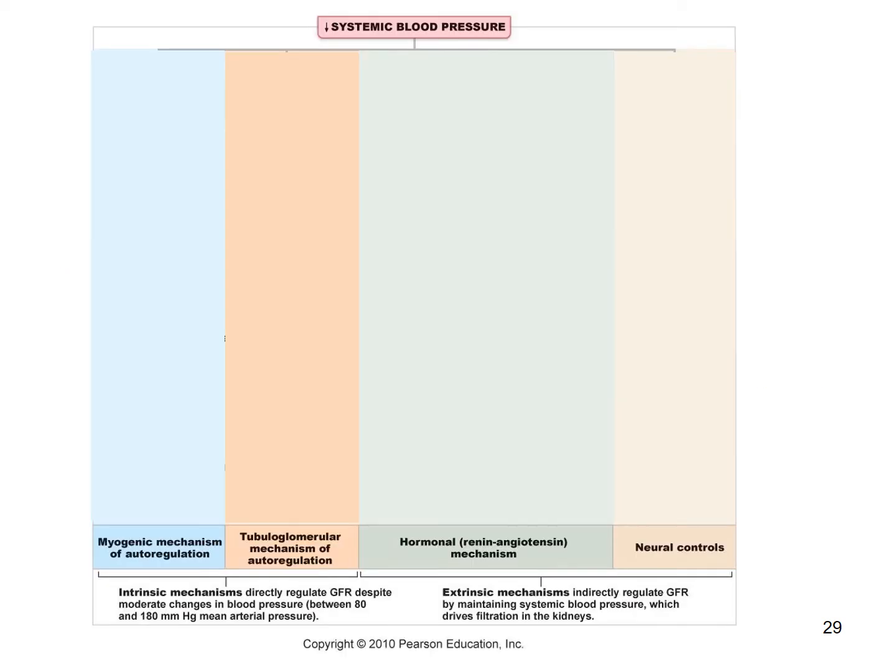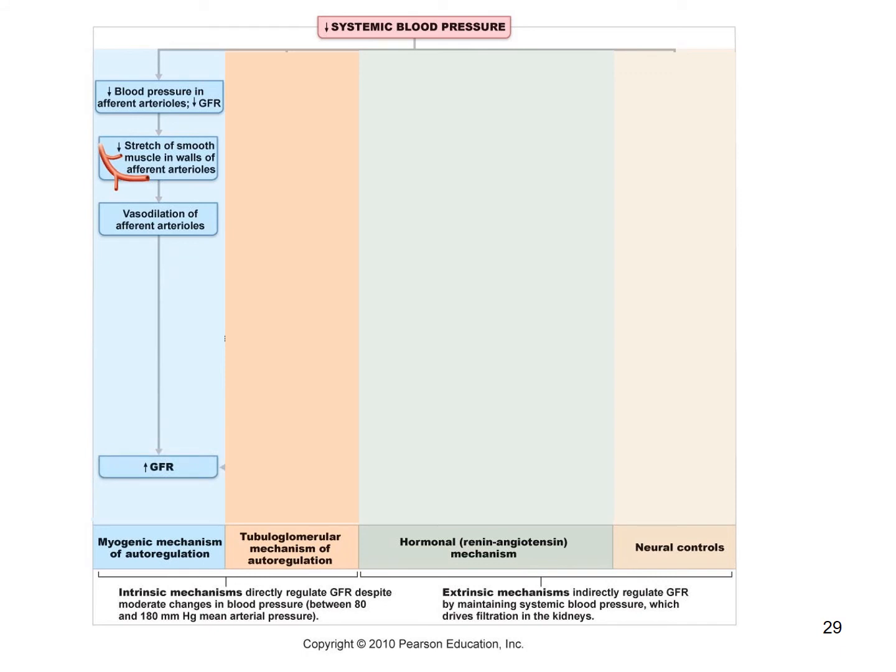So basically, with respect to the different mechanisms that we've seen, the myogenic mechanism of autoregulation happens when your systemic blood pressure drops, and you're going to have decreased stretch of the smooth muscle in the walls of the afferent arterioles, and they'll vasodilate and increase your GFR.